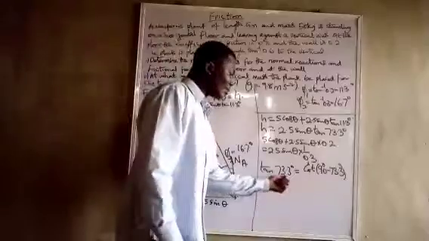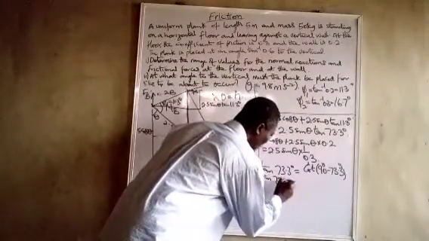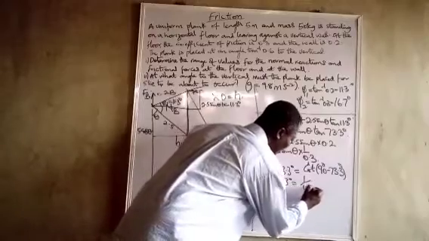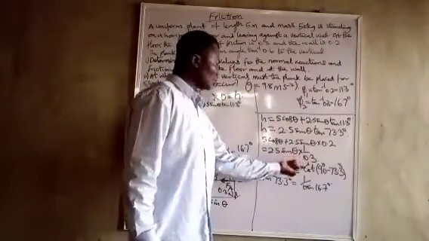So tan 73.3 will be 1 over tan 16.7 degrees. So that's why I replace this one here.